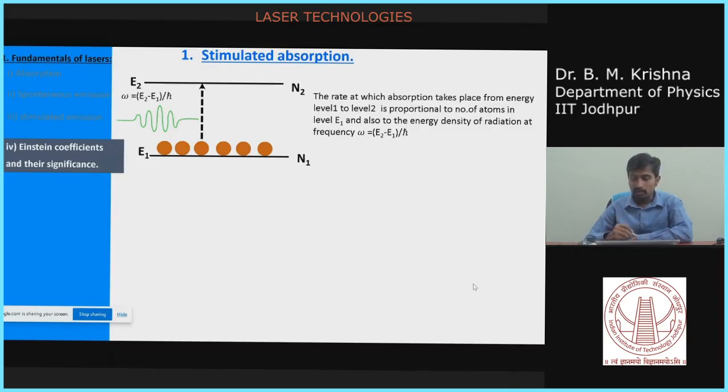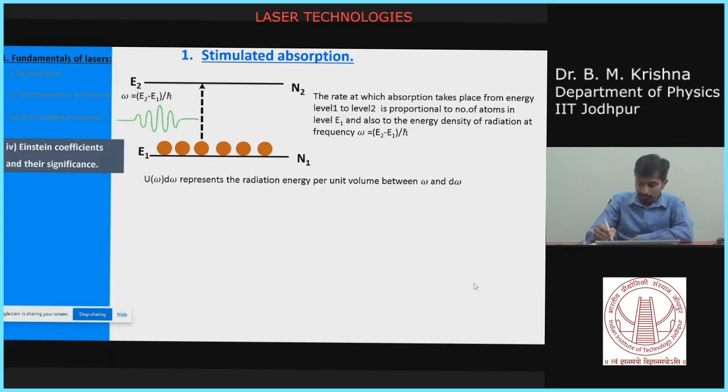The total rate at which absorption takes place from energy level E1 to E2 is proportional to the number of atoms in the energy level E1 and also the energy density of the radiation at the frequency omega, that is nothing but E2 minus E1 by h cross. U of omega d omega represents the radiation energy per unit volume between omega and omega plus d omega.